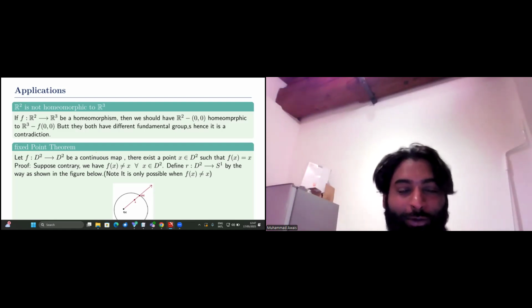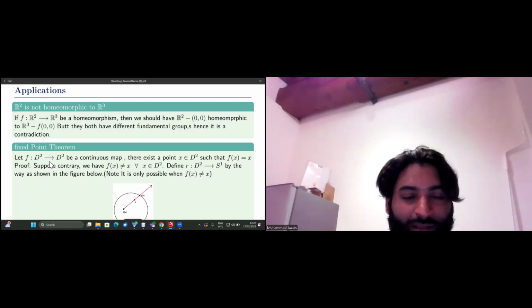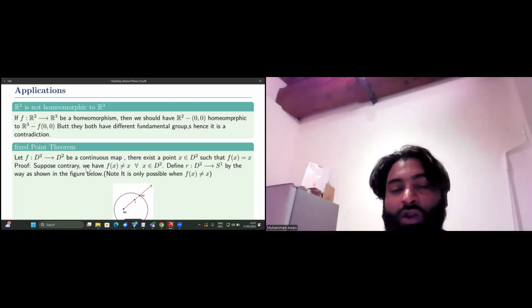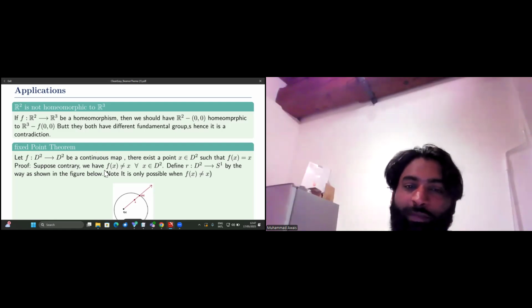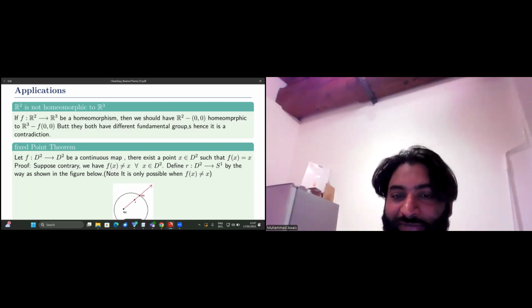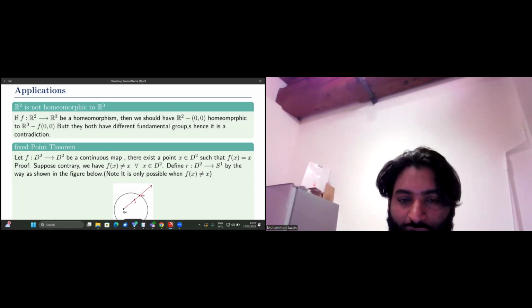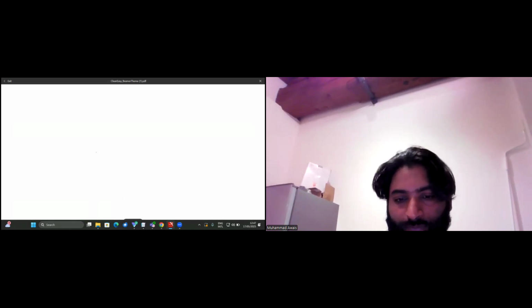I hope it is continuous. Anyway, let's prove it. Assume the contrary. What is the negation of our statement? For all x in our disk, f of x is different from x. One can see a picture. Sorry.